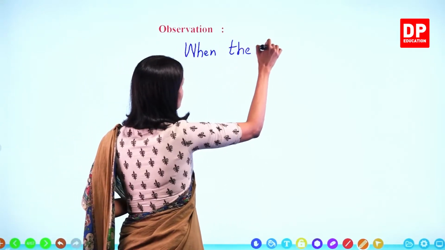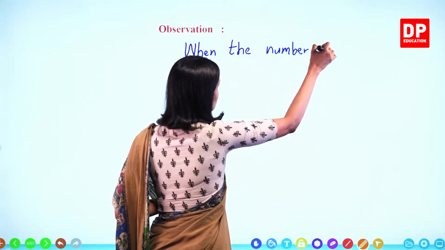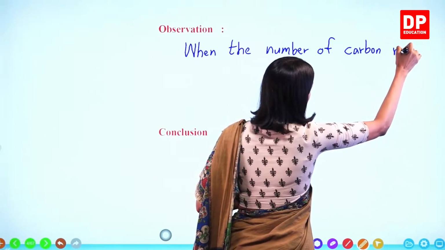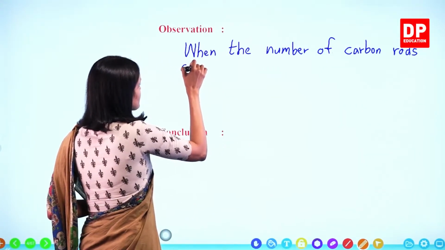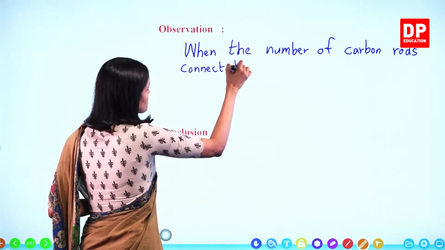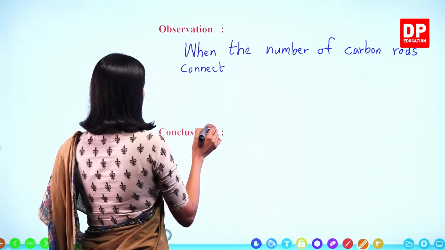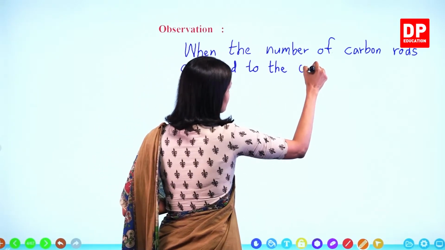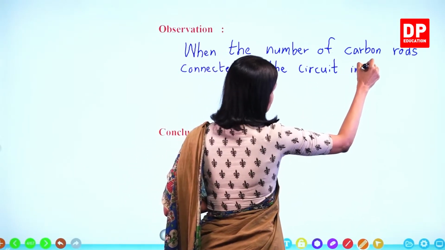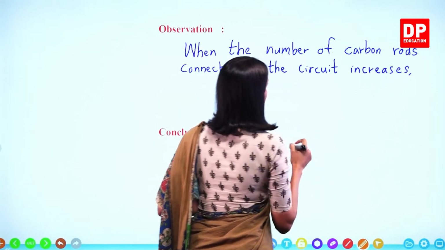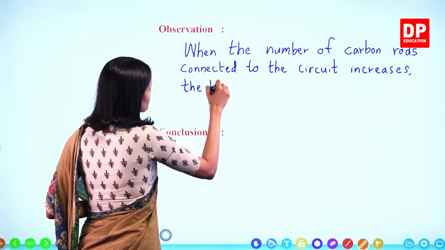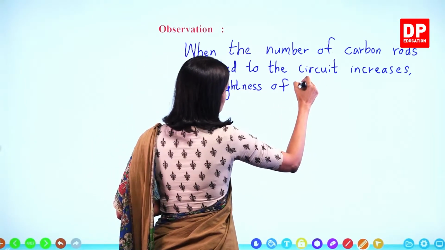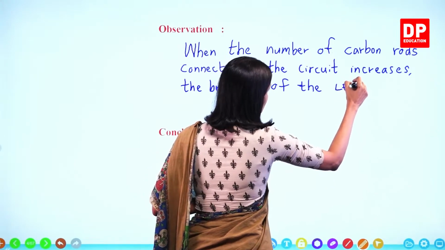When the number of carbon rods connected to the circuit increases, the brightness of the LED decreases.